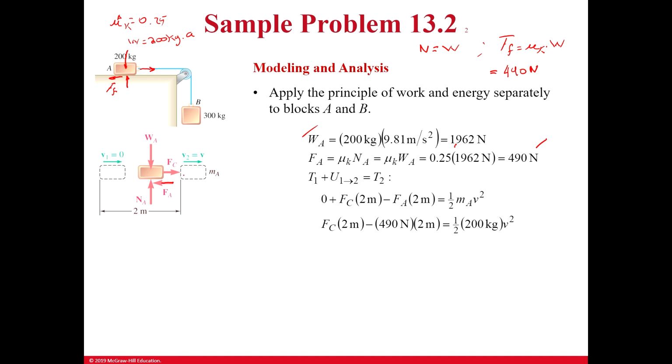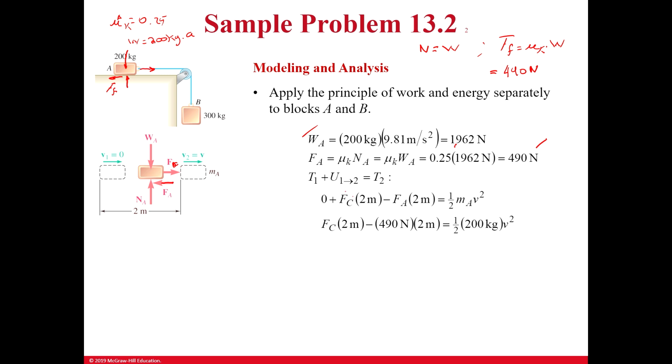Fc is the force from the pulling. They call it Fc, but really it is Fb, but let's call it Fc, that's what the book calls it. The force from the cable, Fc, is the only one that we don't know quite yet.